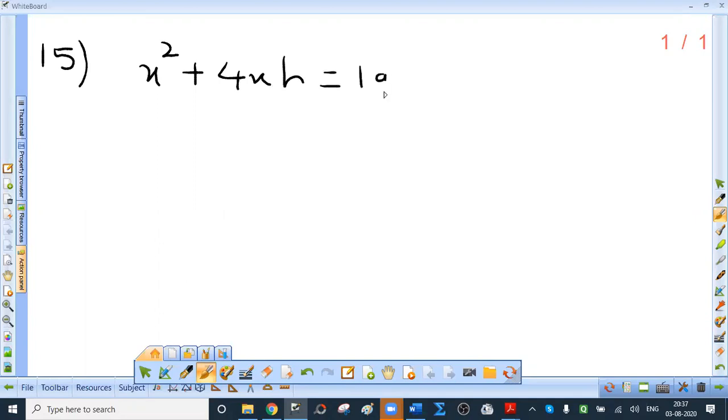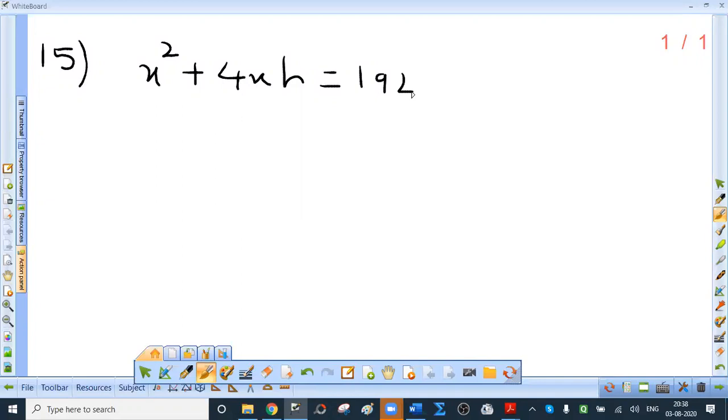I will explain. See what is given. We are given that the surface area of the box is 192 square centimeter. Basically, what is the total surface area? It is 4xh plus 2x square. But here I have written only x square. Reason? Read the sum. A box with a square base is to have an open top, right?